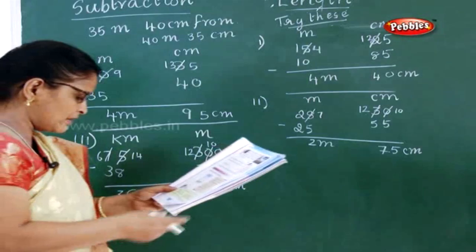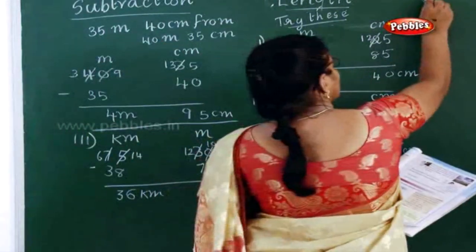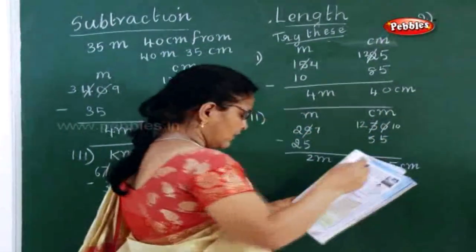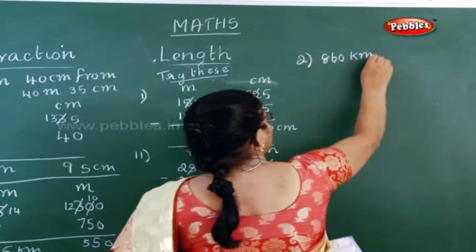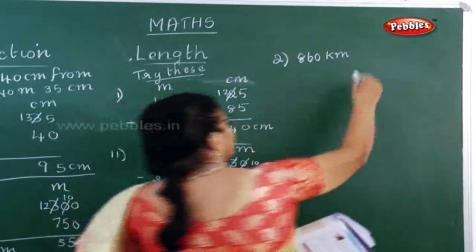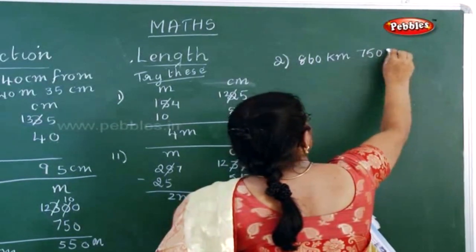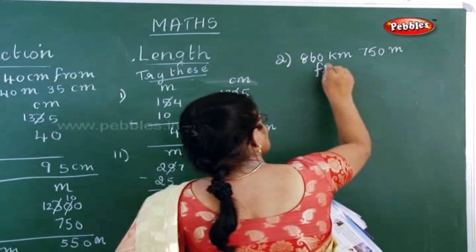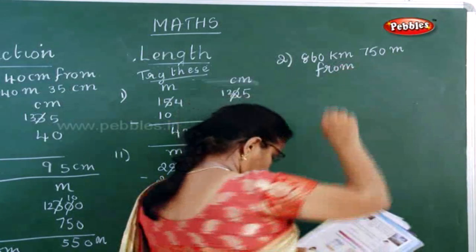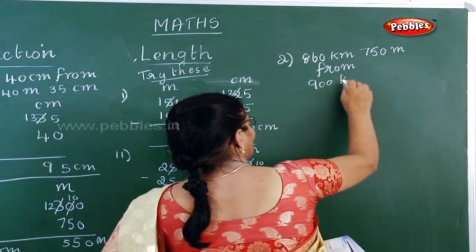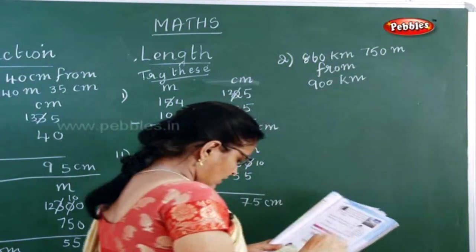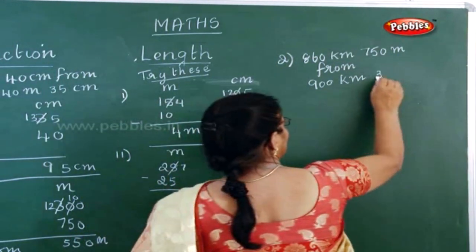Now what is the next sum they have given? Second sum. Subtract 860 kilometer 750 meter from 900 kilometer and 300 meter.